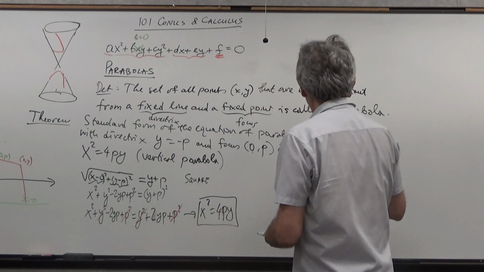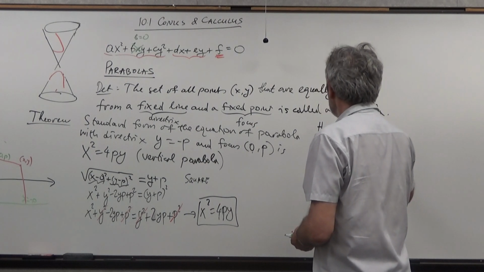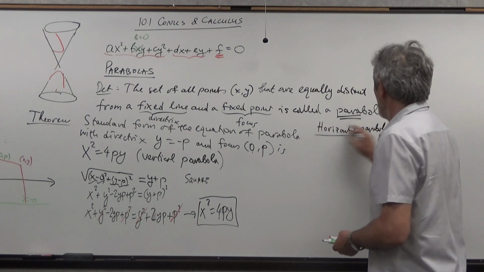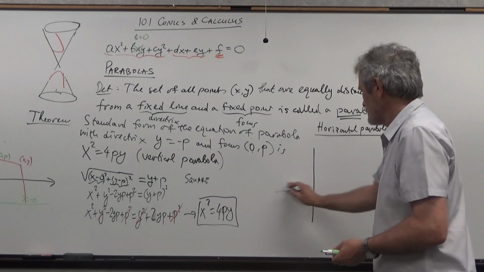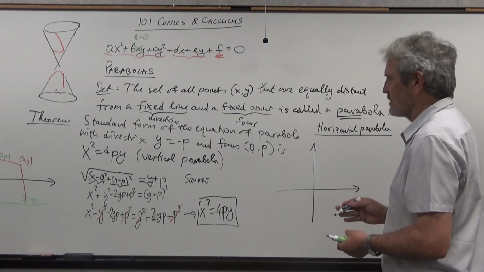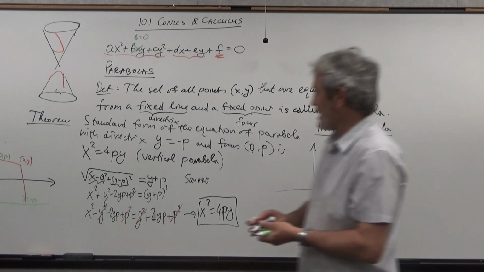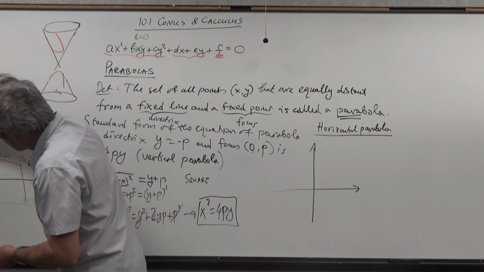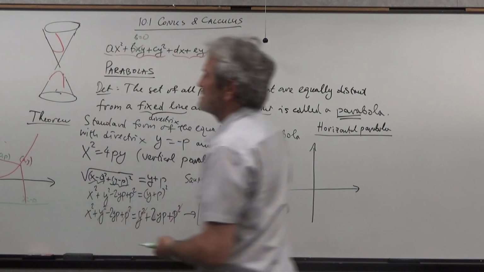What about the horizontal one? Generally, you need to just adjust the picture. Generally, I memorize mostly the horizontal one because that's kind of new for us, because this one is a function. I forgot to draw it. When you draw it all together, it looks like a standard picture like this.